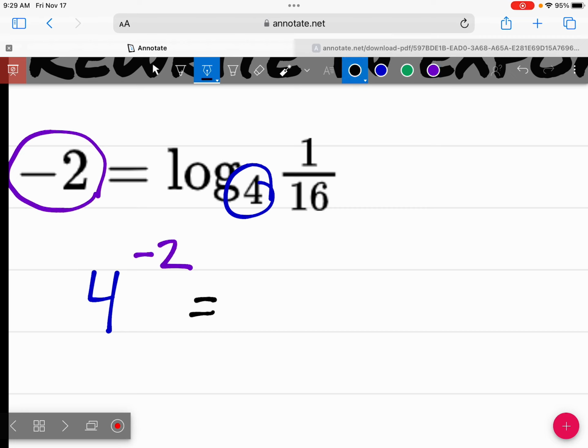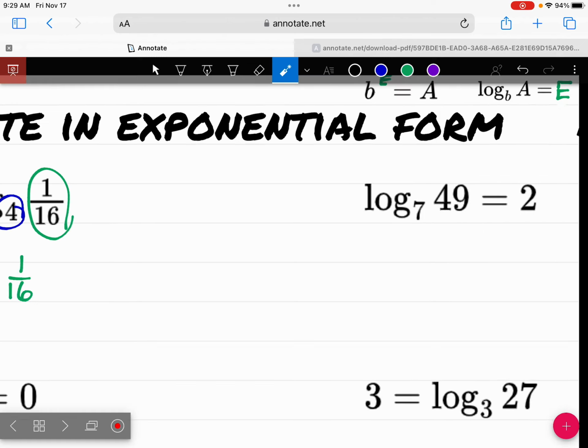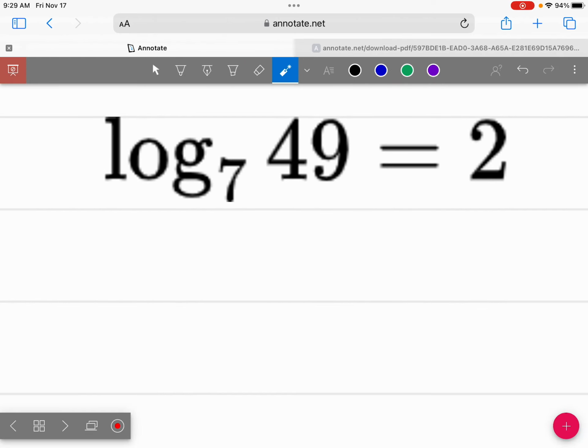And it equals our argument of 1/16. The only piece of this that can be negative is that exponent. And that's all we're doing with that. This, right, 4 to the negative 2 is 1/16.